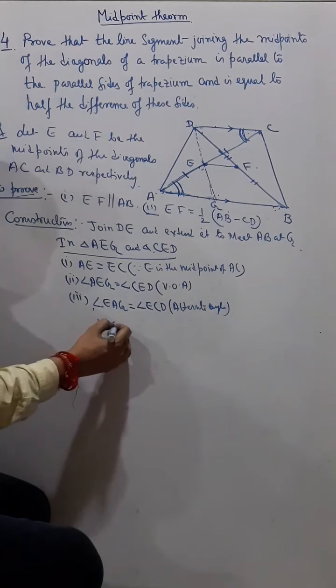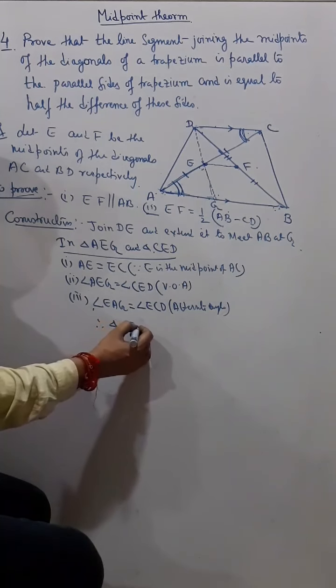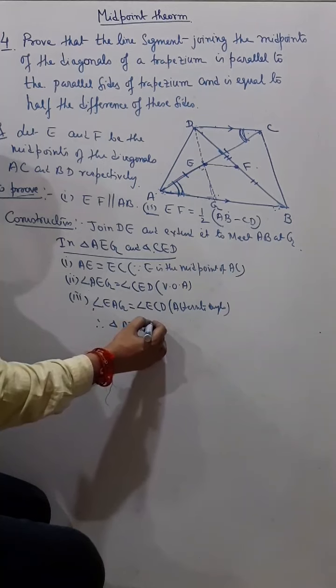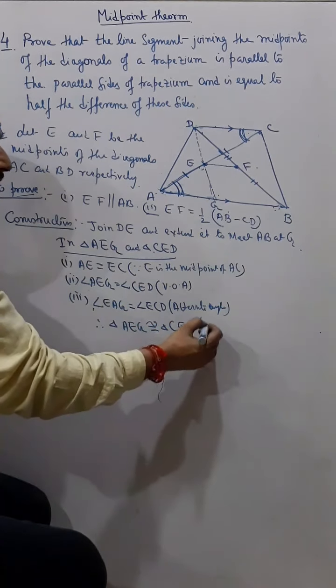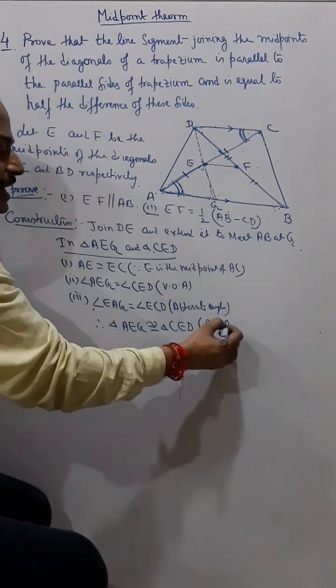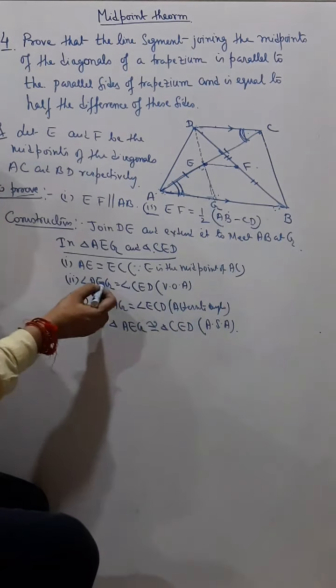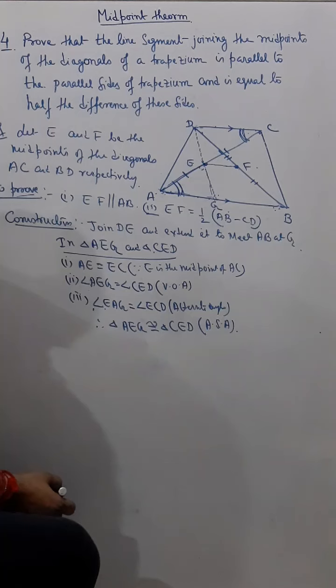Therefore triangle AEG is congruent to triangle CED. The criterion here is angle side angle, two angles and one side.